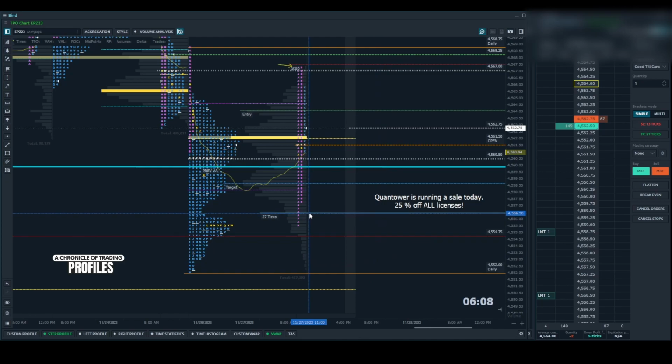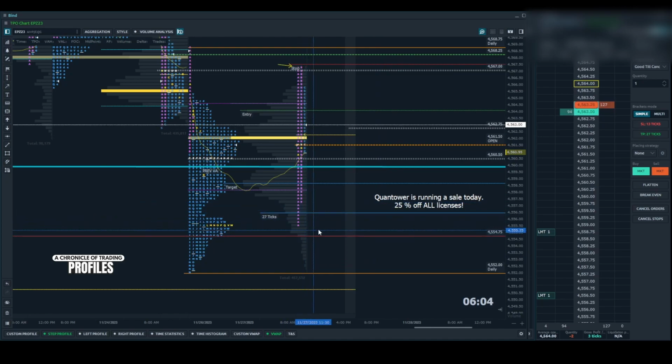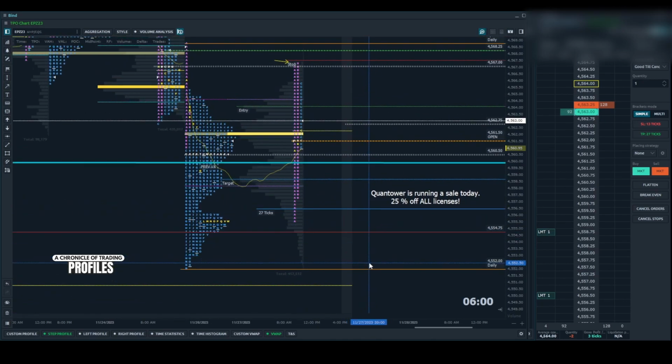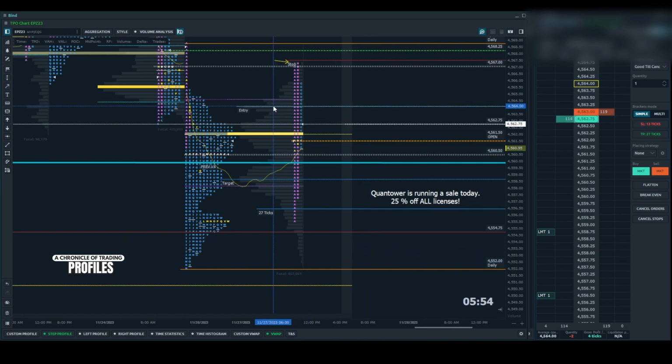And I'll leave the second one down here just to see if we get any extension past this B low, just because the tempo and the volume is so low today.